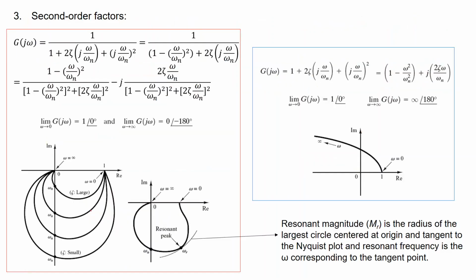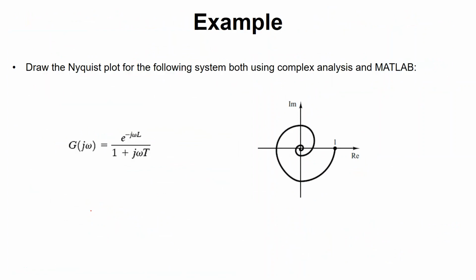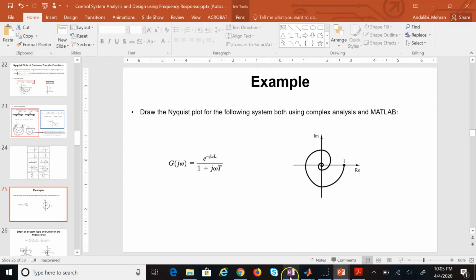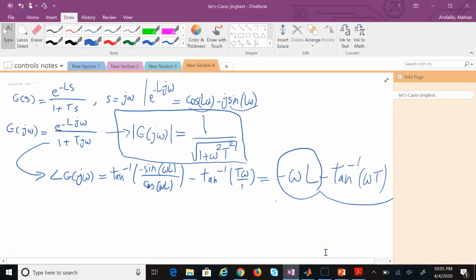But in the case of this new system, the phase keeps changing. So although the magnitude will ultimately shrink to 0, I will cross this real axis several times, right? Because again, look at the phase. When omega goes to infinity, what happens to G of j omega?